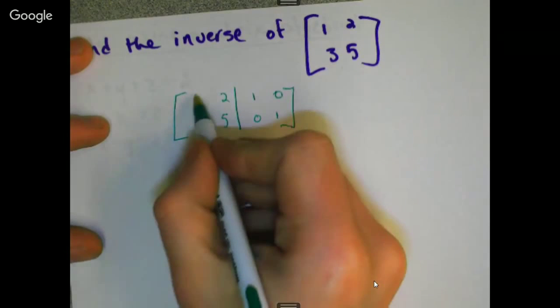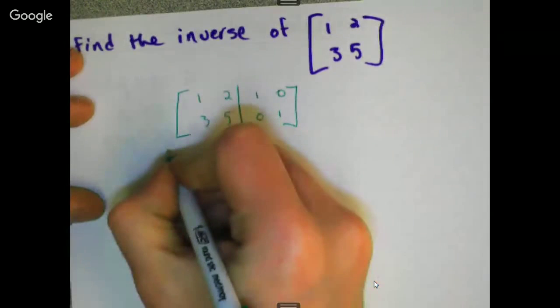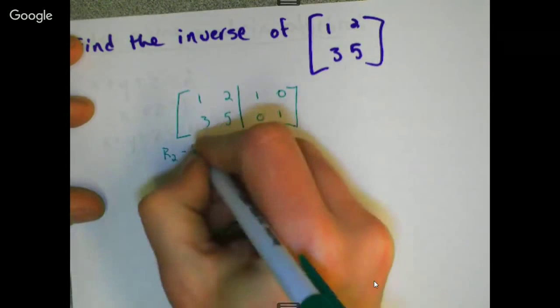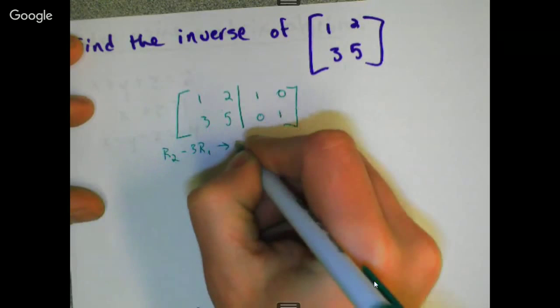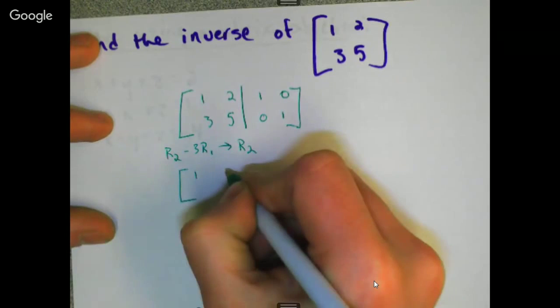Okay, so this has to be a 1. This needs to be a 0. So we're going to take row 2 and change it to row 2 minus 3 row 1. We're going to put it back into row 2. So row 1 is staying the same.